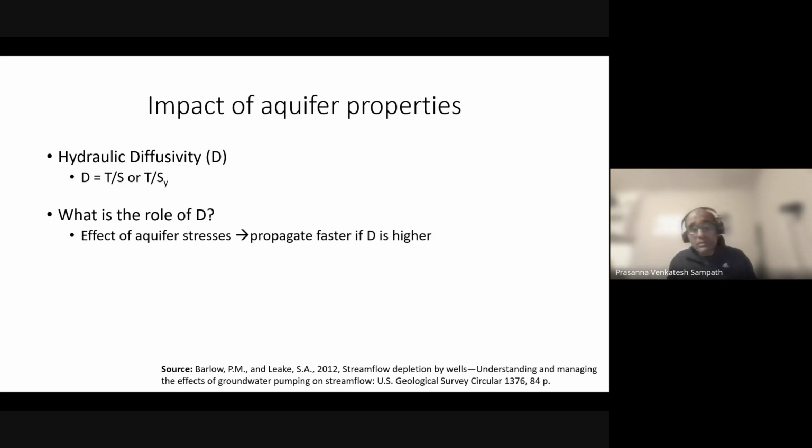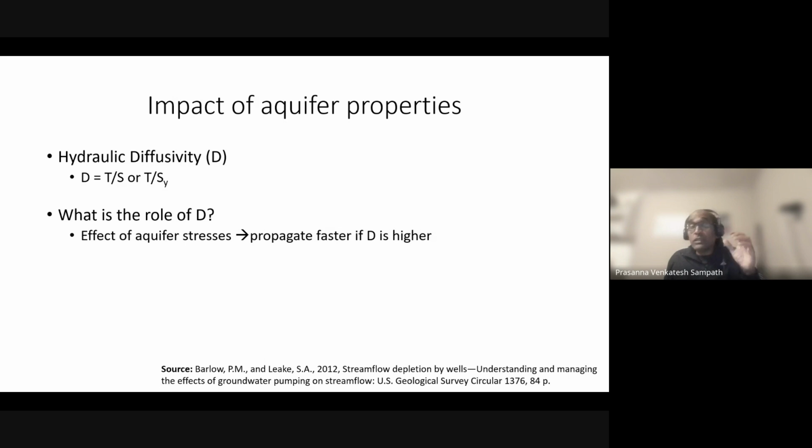Now, just by looking at the value of this diffusivity, if I have a confined aquifer, this S, capital S, is of the order of 10 power minus 3 or 10 power minus 4, right? Whereas if I have an unconfined aquifer, specific yield would be of the order of 10 power minus 1, so 0.1 or 0.2, right?